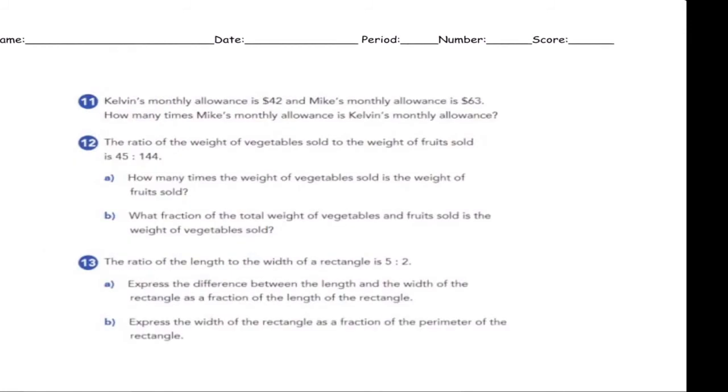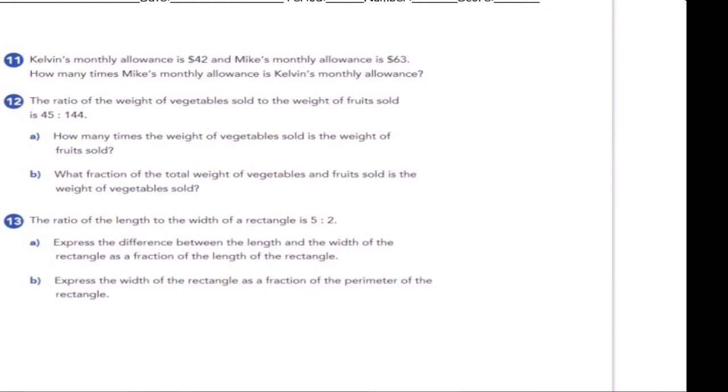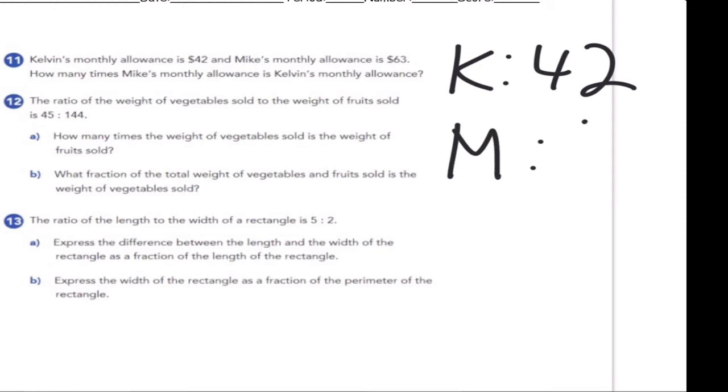So here's one that we need to work on. It says Kelvin's monthly allowance is $42 and Mike's monthly allowance is $63. How many times Mike's monthly allowance is Kelvin's monthly allowance? Okay, so when I do this, I look at it and I say, okay, Kelvin, I say Kevin, it's Kelvin. Kelvin's monthly allowance is $42. So Kelvin is 42 and Mike is going to be 63.